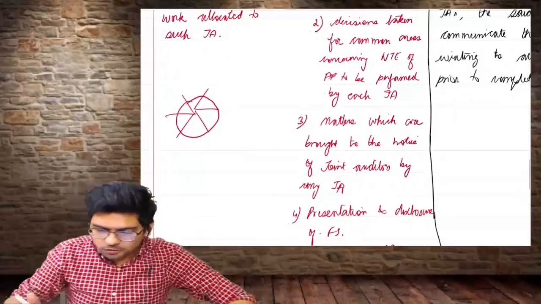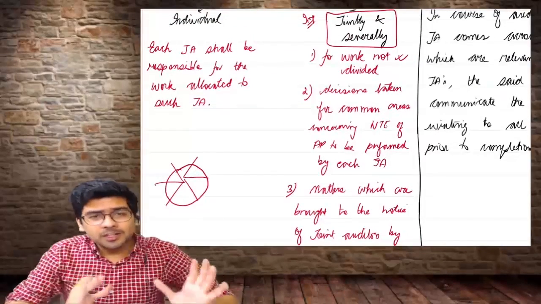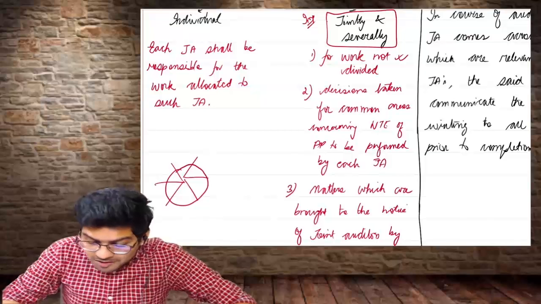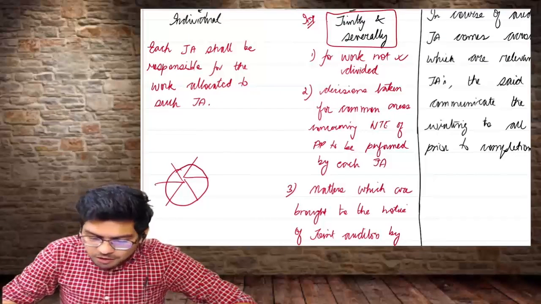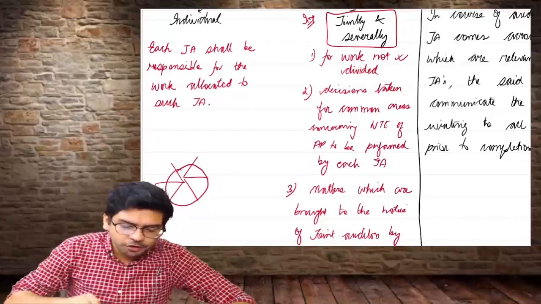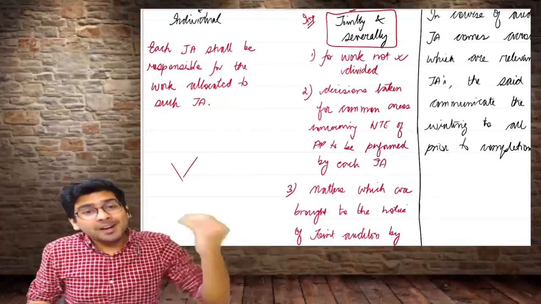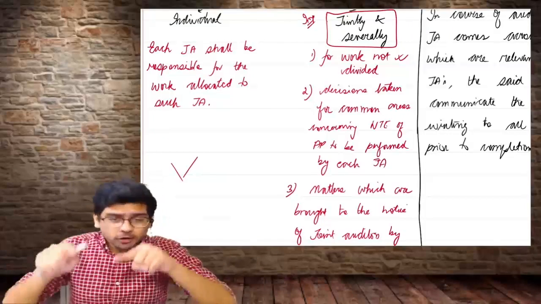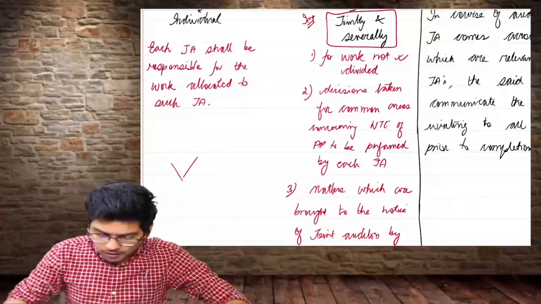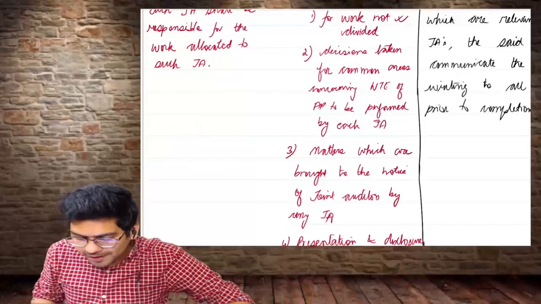Now what is going to happen here also? The responsibility will be joint, and all the auditors will be responsible here also. The point here is decisions taken for common areas concerning nature, timing and extent of audit procedures. The procedure will be performed by one auditor, no doubt about it, but for any decision taken with respect to the common area, all the auditors will be jointly and severally liable.